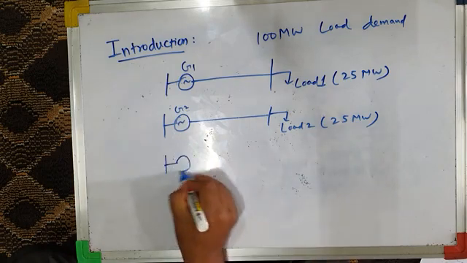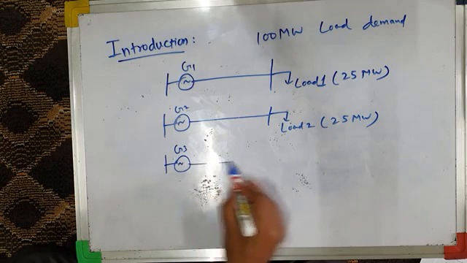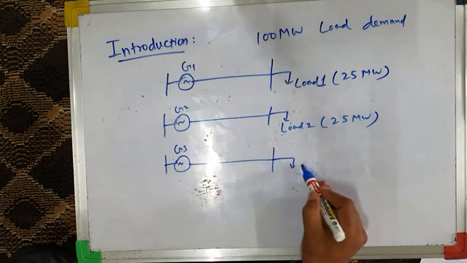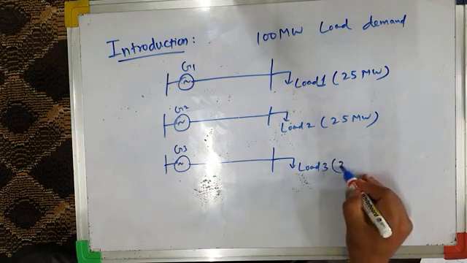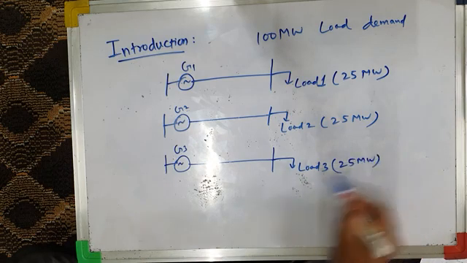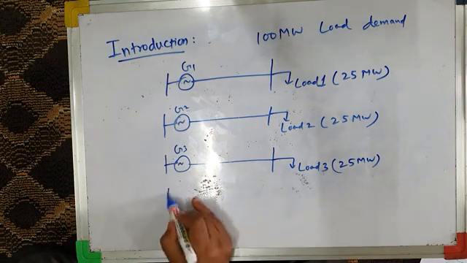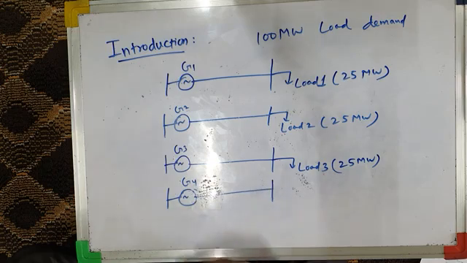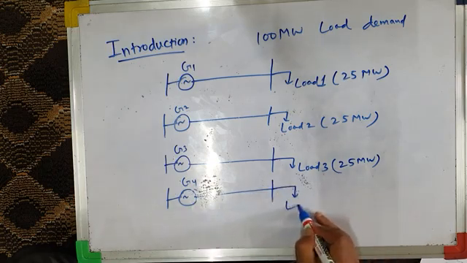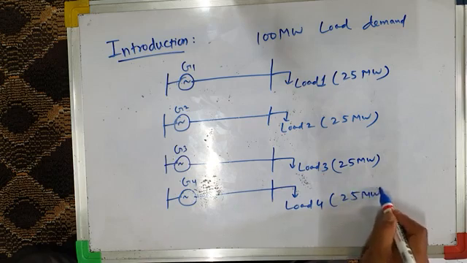I may have another generating station comprising a number of parallel generating units. It may also generate a large amount of power, and it may feed load number 3, which also requires 25 megawatts. And finally, I may have another generating station at some other location, which may supply load 4, whose demand is also 25 megawatts.